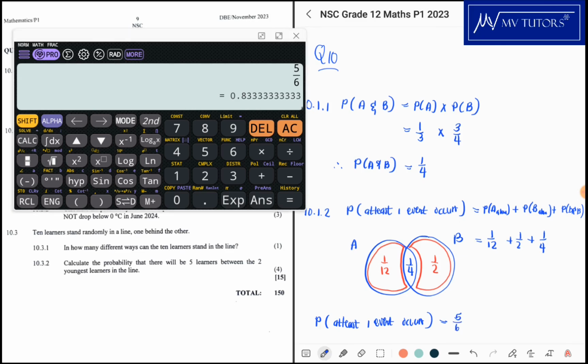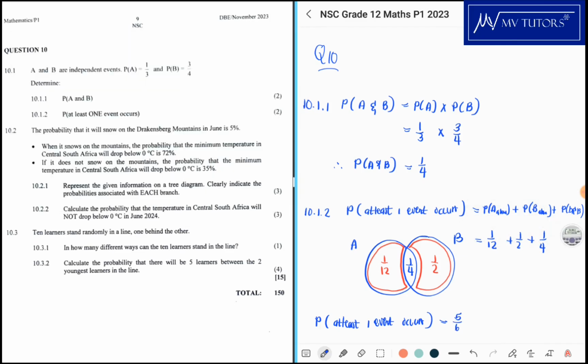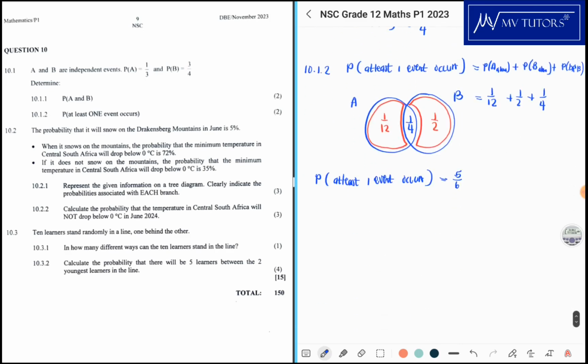Some of you might be like, oh, what a long way of doing it for just 2 marks. Hell no. Yes, so there's an easier way of doing it. You could say the probability of at least one event occurring is basically the probability of A plus the probability of B minus the probability of A and B. It's simplifying what I did.